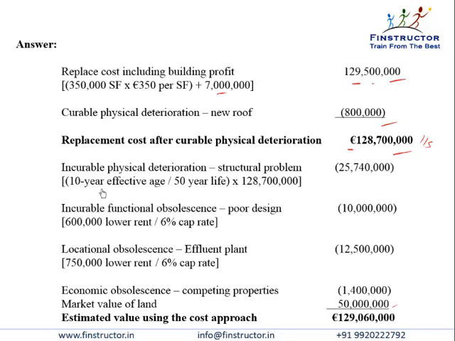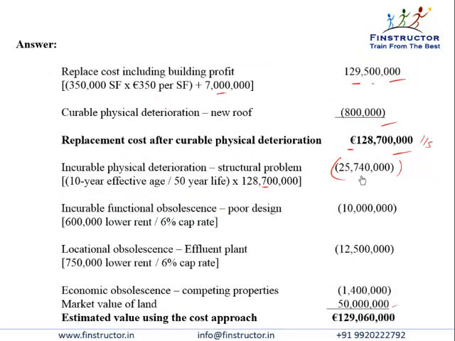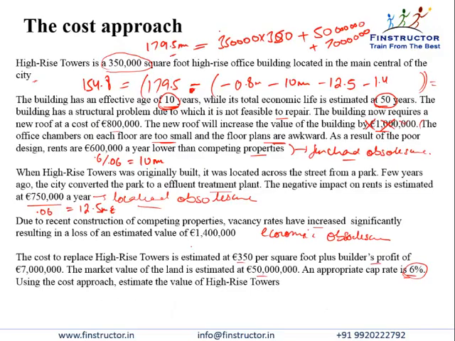So we will take 1/5 of this value and further subtract that from our calculation, such that our net answer is going to be 154.8 minus $25.74 million, which comes out to be 129.06 million euro.